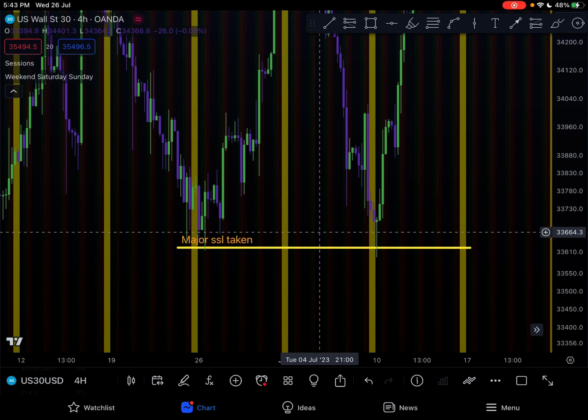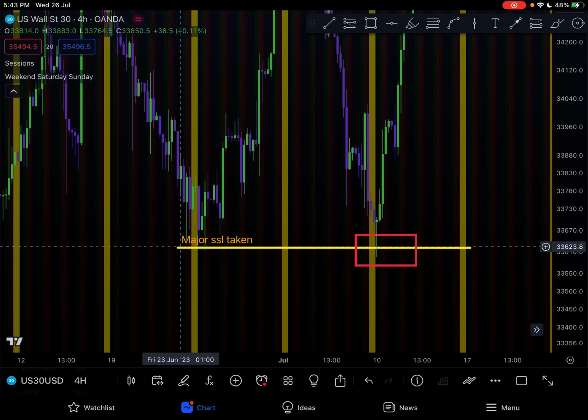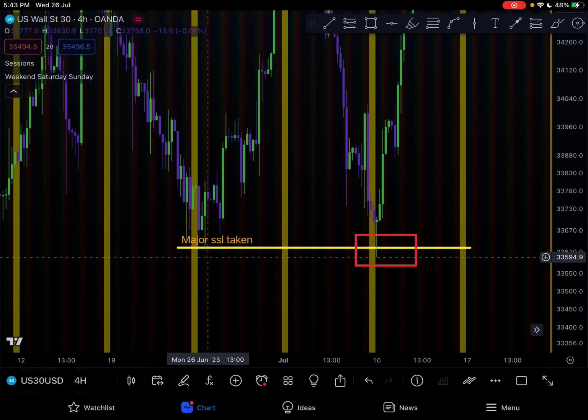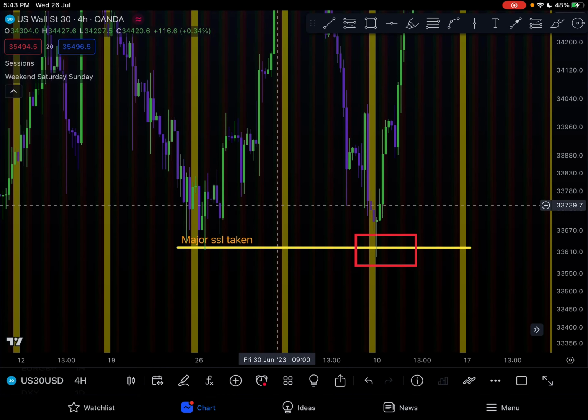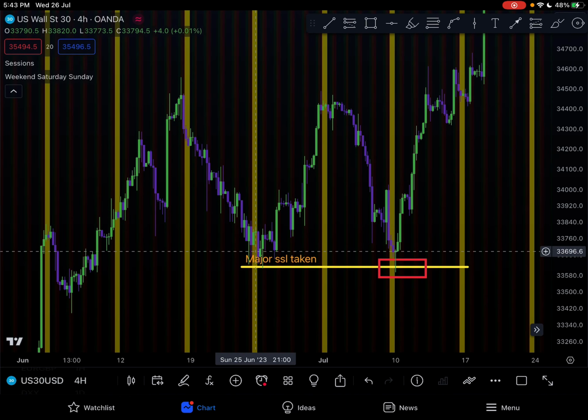Now, the low that we were paying attention to, that broke that sell side liquidity spot, this is literally a good amount of time in between this run, okay?